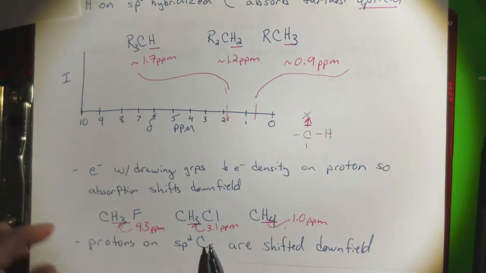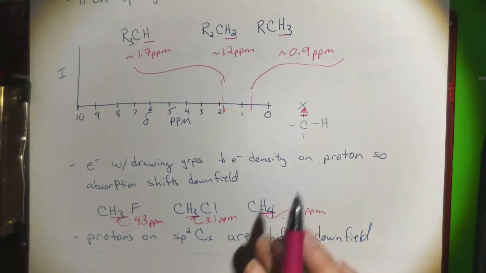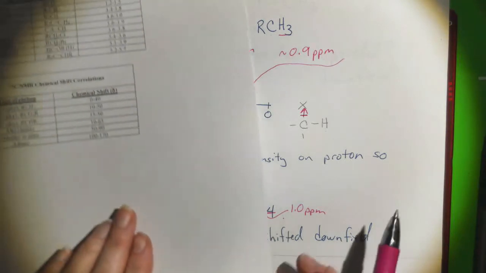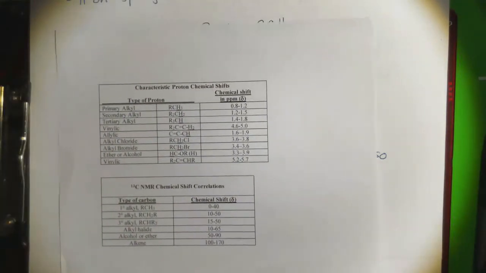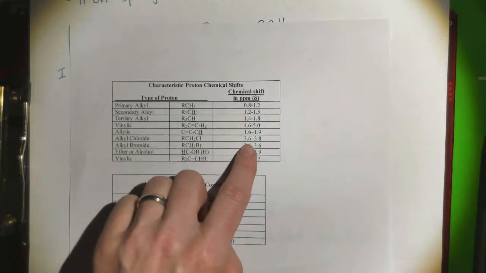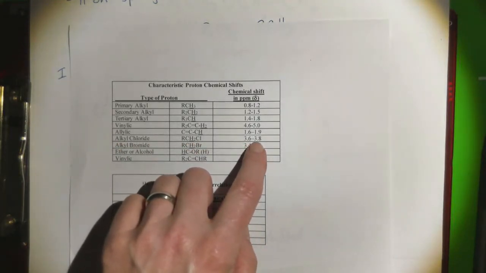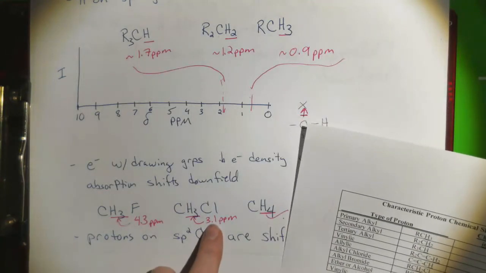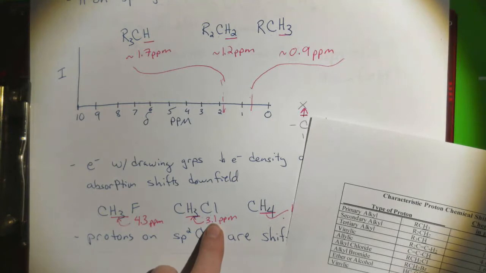Now let's take a look at our table. Since these are both alkyl halides, are these absorbances in the range that we expect? For alkyl chlorides, the table gives 3.6 to 3.8 ppm, and we have 3.1 here.